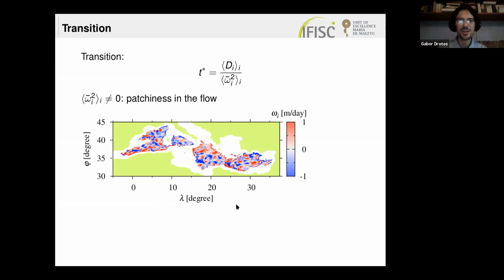This is what we think is one consequence of these differences in the vertical velocity in the flow structure. Okay.